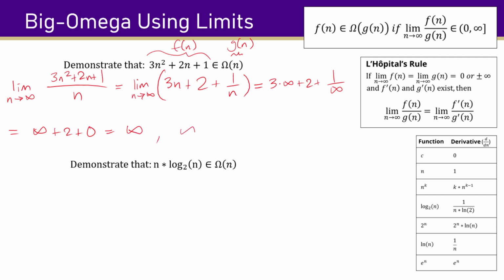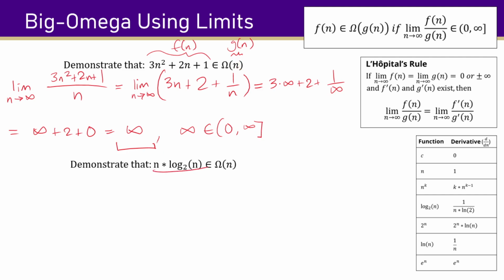And we know that infinity is in the range of 0 exclusive to infinity inclusive. So there is our final value, and we've shown that it's in the range. So we've demonstrated that f of n is in big omega of n in this case.